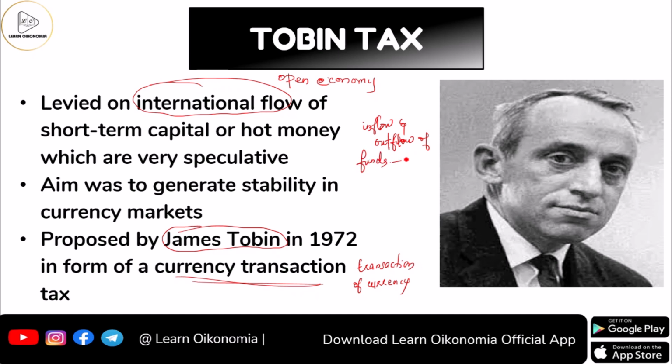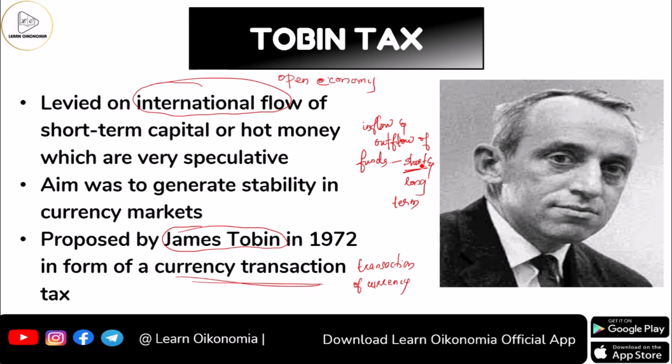And this could be both short term and long term. But in this scenario, we are not concerned about the long term international flow of capital. We are just concerned about the short term flow of capital. We call it hot money.